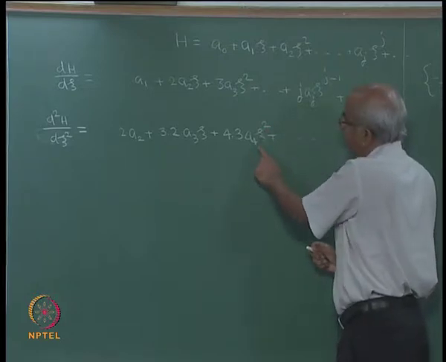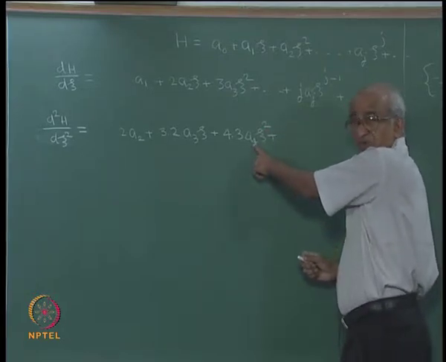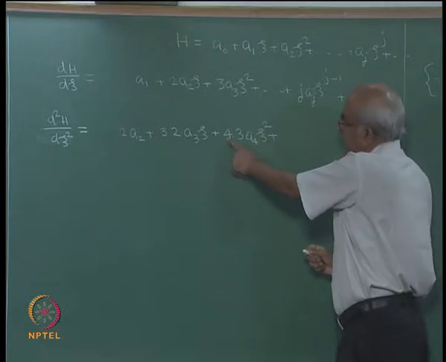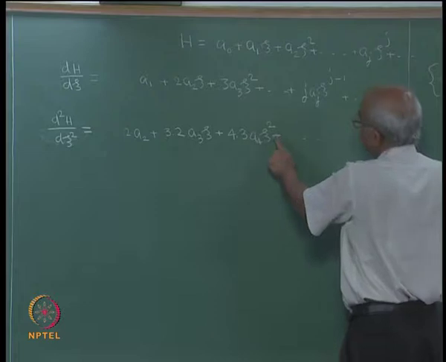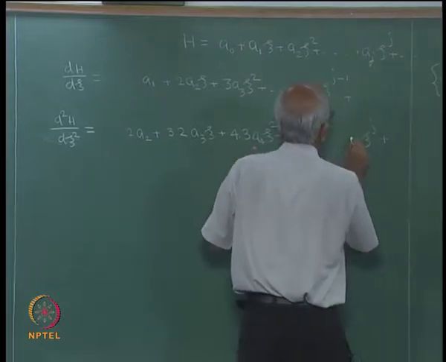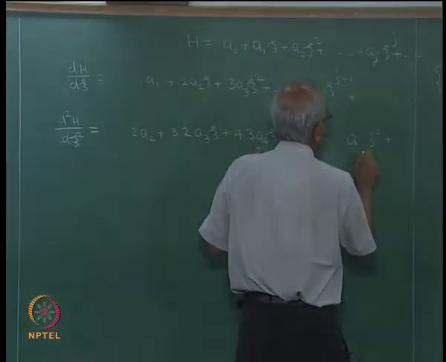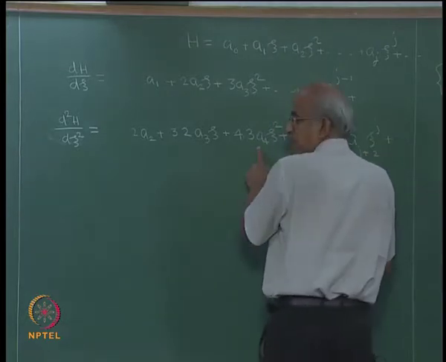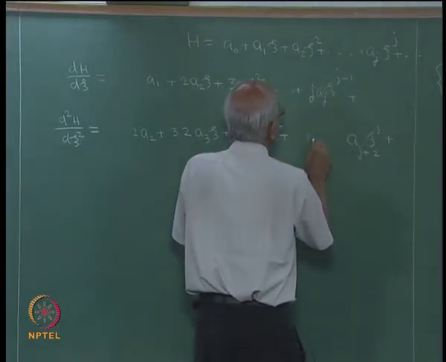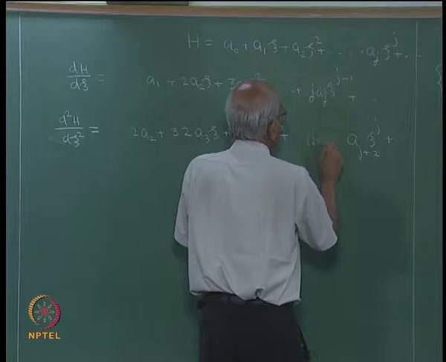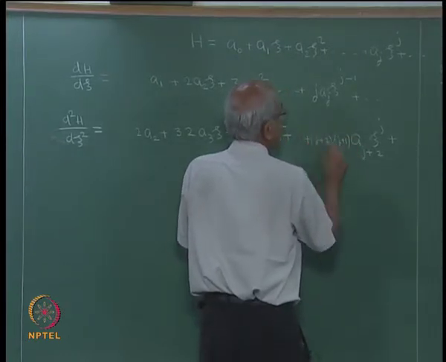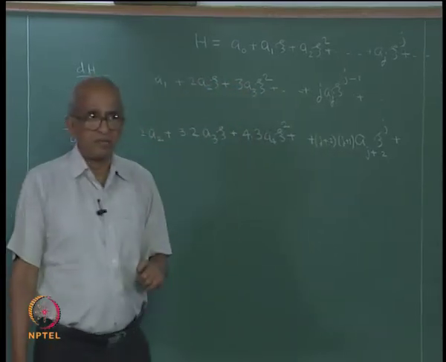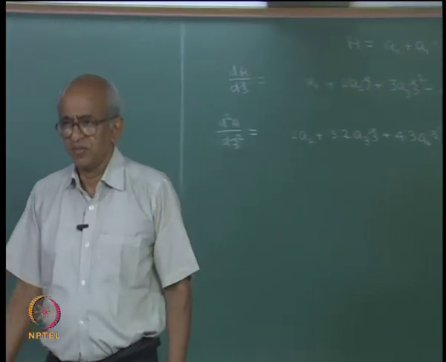If you have c to the power of 2, then you have a4 multiplied by 4 into 3. So, therefore, if I had c to the power of j, what I will have is a j plus 2 multiplied by j plus 2 into j plus 1. So, this will be the general term, correct.